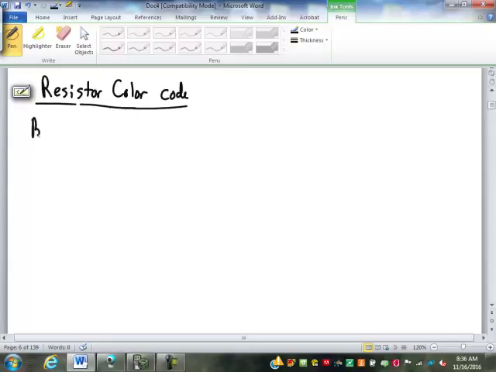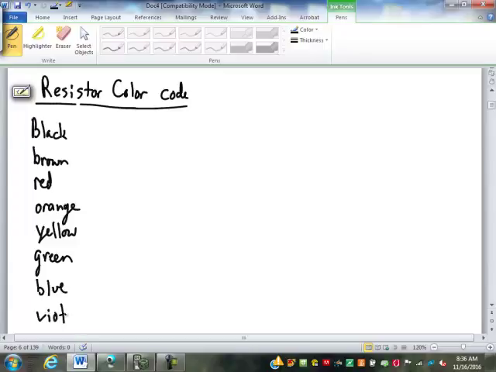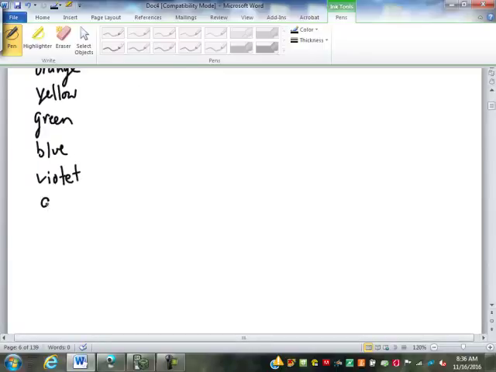The colors are black, brown, red, orange, yellow, green, blue, violet, gray, white, gold, silver, and none.